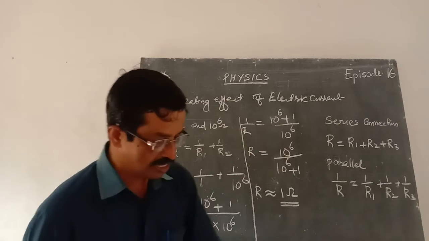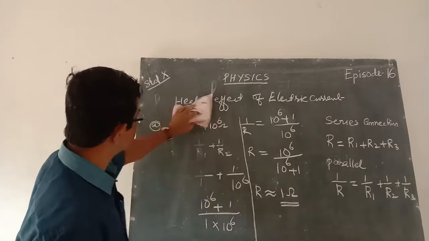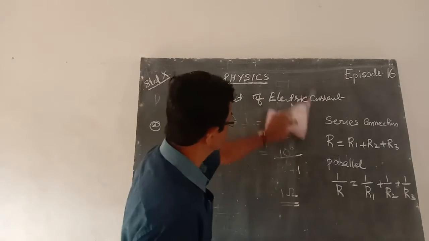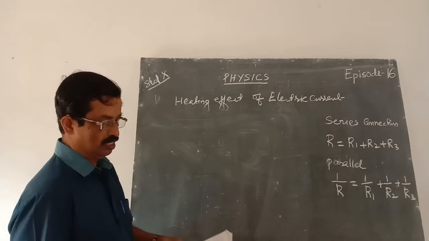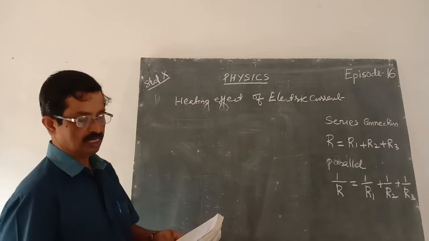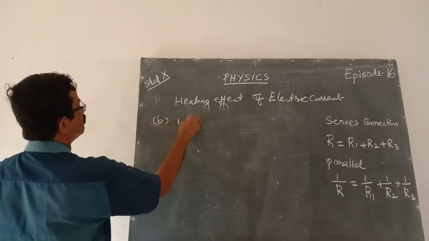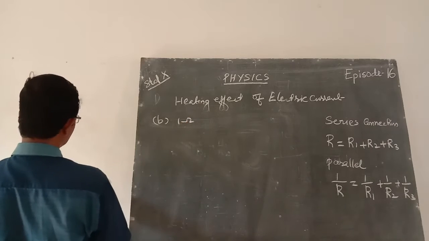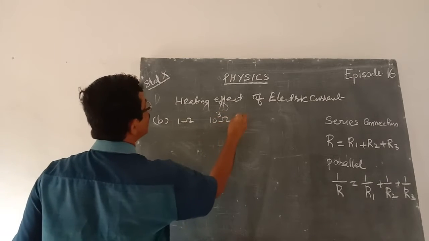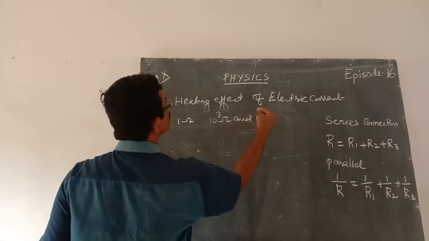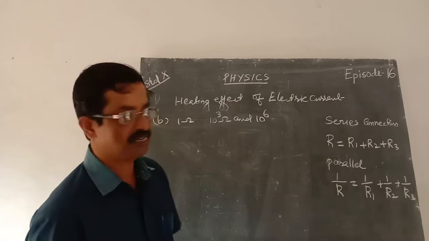Now another question, that is B from the first one. B is given here: 1 ohm, 10 raised to 3 ohm, and 10 raised to 6 ohm. These are connected in parallel.